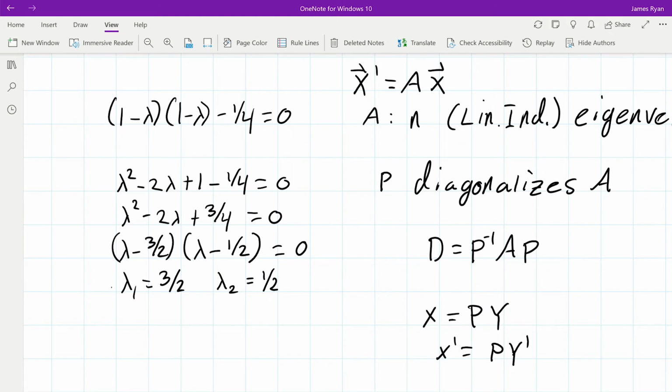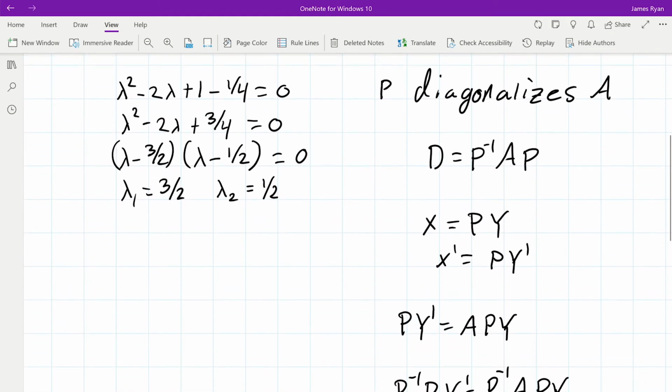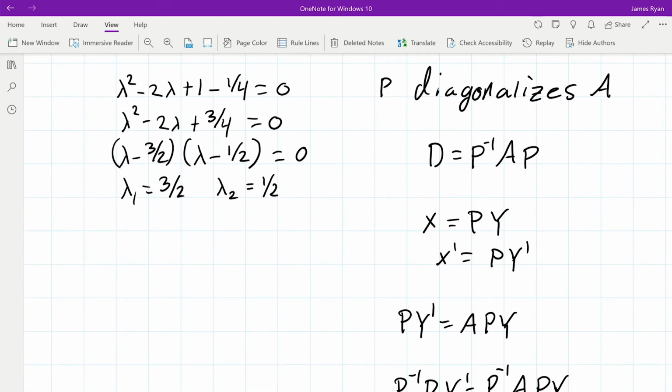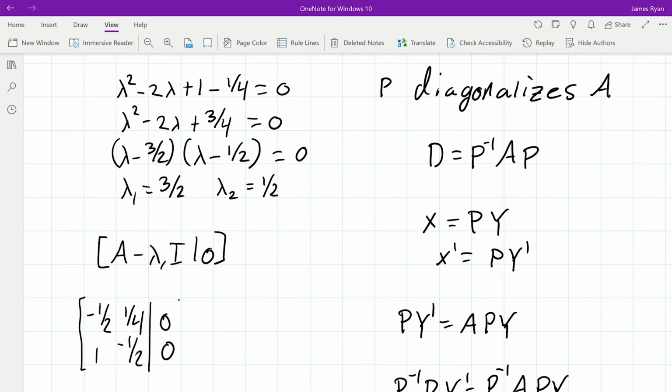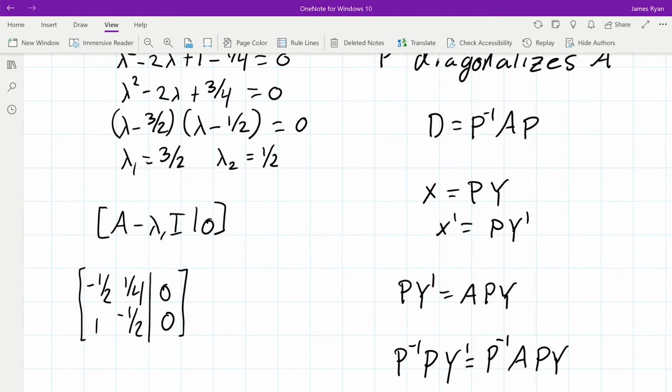I'll go ahead and find the eigenvector associated with lambda 1. That eigenvector will be found using the augmented matrix A minus lambda 1 I, bar 0. If we construct that, 1 minus 3 over 2 is negative 1 over 2, 1 over 4, 1, 1 minus 3 over 2 is negative 1 over 2, 0, 0. Then we can multiply the first row by negative 4, so negative 4 row 1 becomes the new row 1.